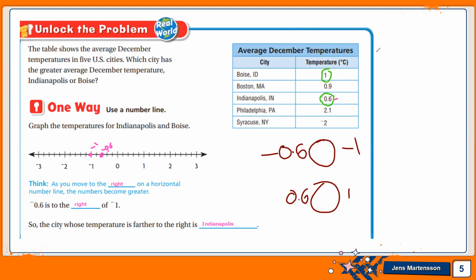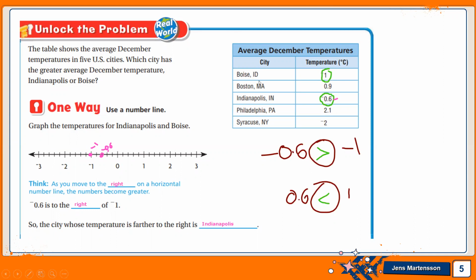Then you will say, which is greater, 0.6 or 1? 1 is greater than 0.6. But when it's negative, you will switch the sign. That's why -0.6 is greater than -1. Got it? Okay.